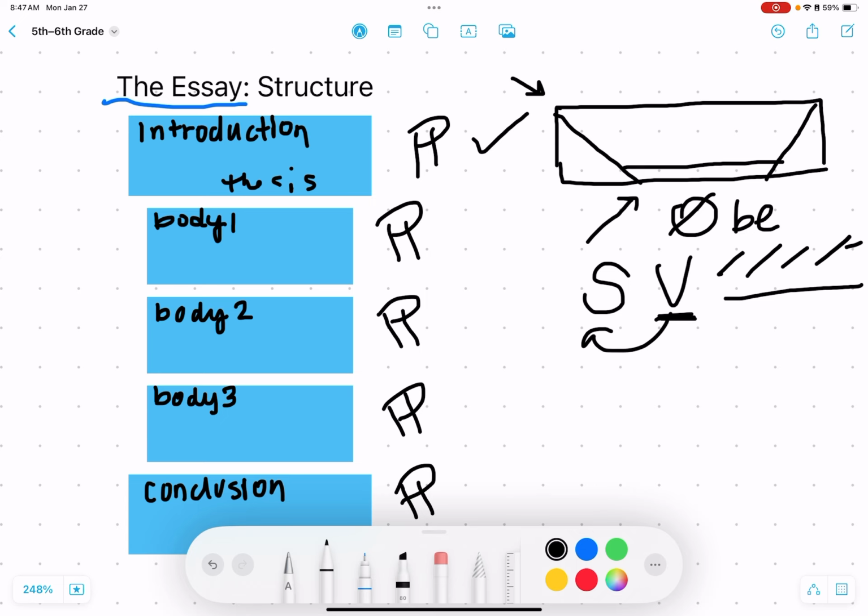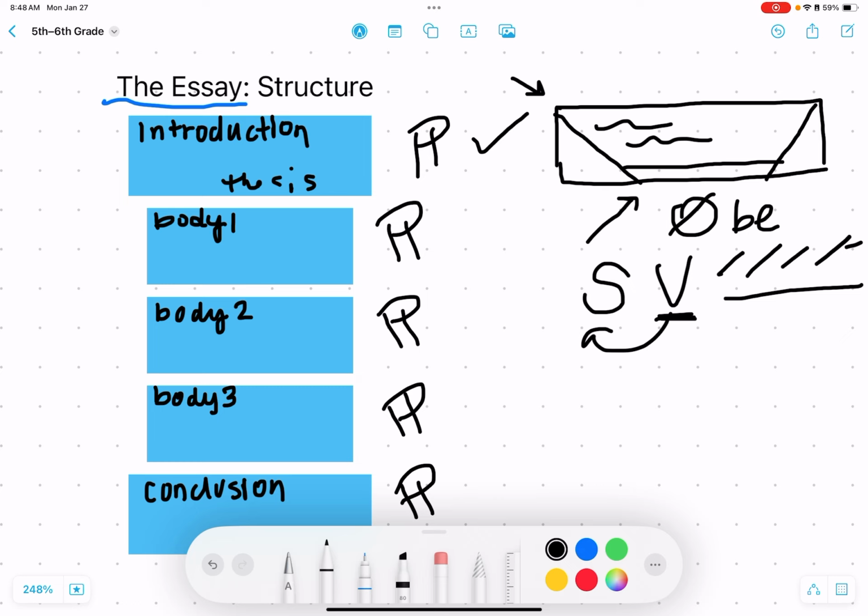So the example I always love to give is talking about video games. If we're writing an introductory paragraph, we might start off generally by talking about video game statistics. Maybe how many kids in the U.S. play video games or how much time they spend playing video games. And I might talk about that in my paragraph because I do want to introduce the topic of video games up here.